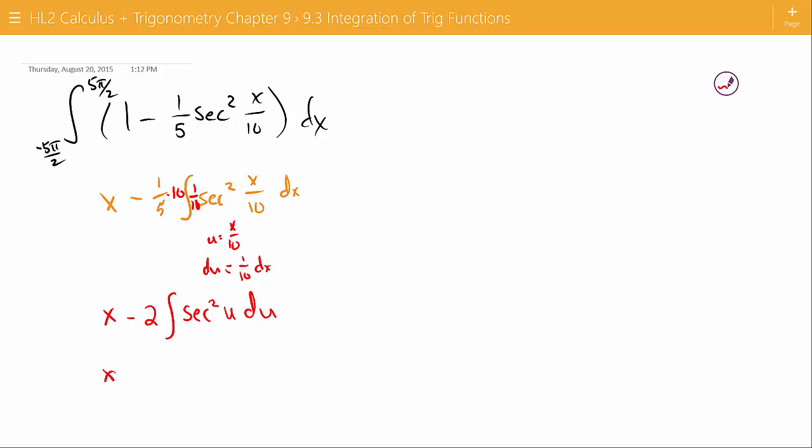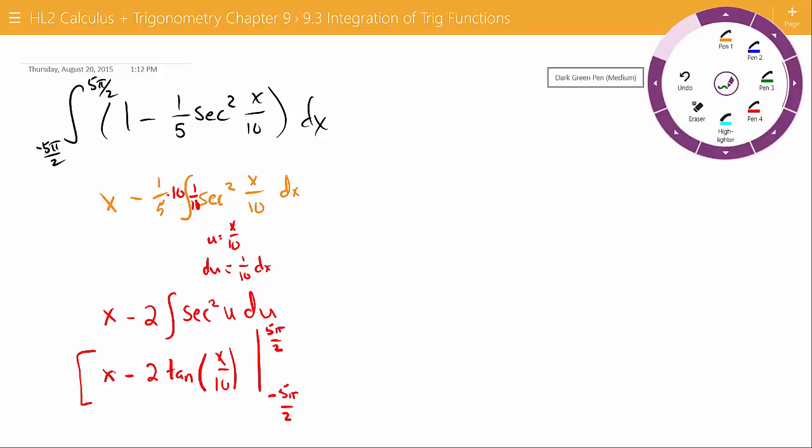Now that I can take the antiderivative of. The antiderivative of secant squared is tangent. So I've got x minus 2 tangent of x over 10, which was what u was. And we're evaluating this from -5 pi over 2 to 5 pi over 2.